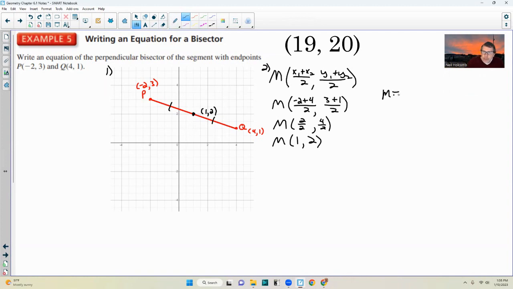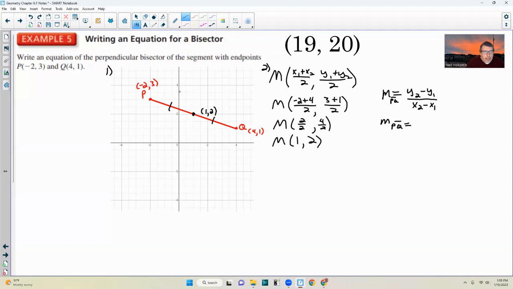So M equals, don't mix up the capital M I used here for the midpoint. I want the slope of segment PQ, which is lowercase m. So the slope of PQ is going to equal y2 minus y1 divided by x2 minus x1. So what's the slope?